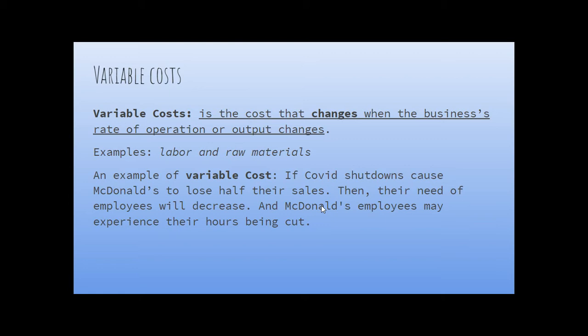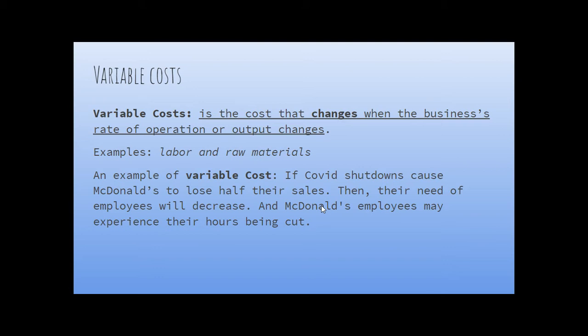The price of those hamburger buns can change, and the amount they need can change, so they will end up having to pay more. Their variable costs will always change as the business's output changes. An example I put was that COVID shutdowns caused McDonald's to lose half their sales. Then their need for employees will decrease, and McDonald's employees may experience their hours being cut.